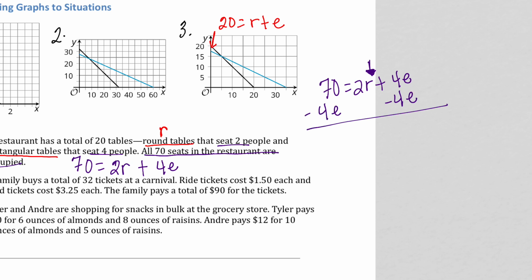Okay, so I will keep my 2r on the right. What do I do on the left? When I have 70 minus 4e, what am I going to get? 70 minus 4e. Why can I not combine those? They're not alike terms. The 70 does not have an e, so I cannot combine terms if they both do not have the same variable or they both do not have any variable. What is my next step to solve for r?